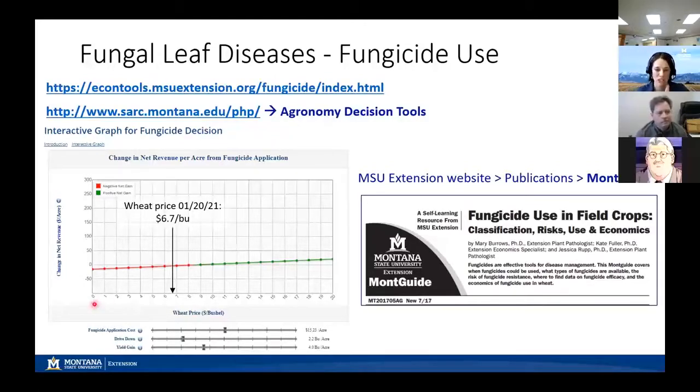I've just put in some parameters that seemed more or less reasonable to me. What is interesting about this tool is that you can also indicate the cost of applying your fungicide by drive down, which you can adjust considering whether you're applying an herbicide parallel to your fungicide, etc.